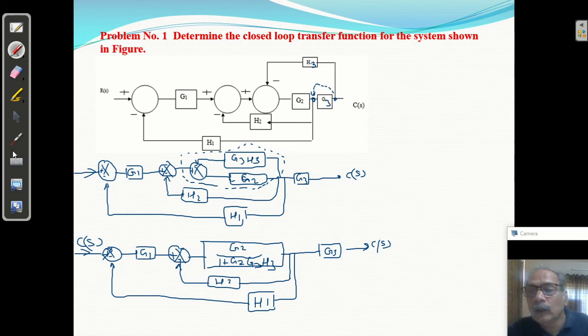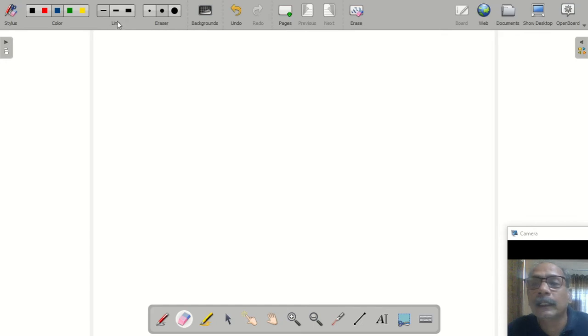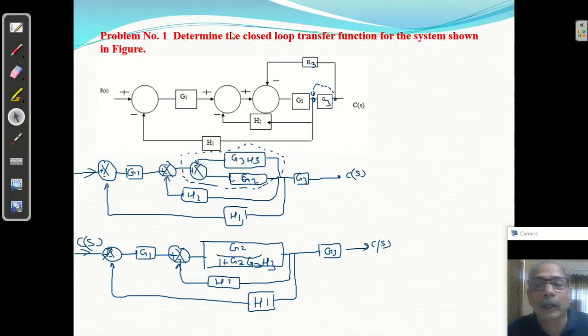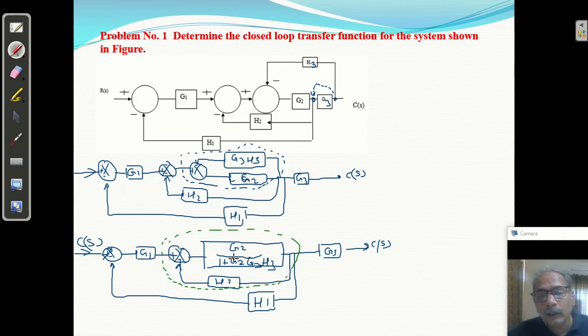Now I am going to change the ink, say green. Now this part is forming another closed loop, and after the closed loop, this is cascaded with G1.